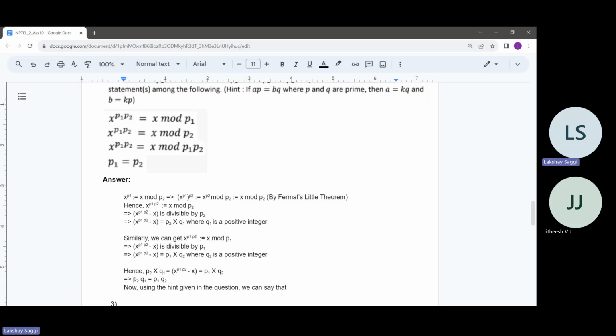Here P1 and P2 were prime. So when this side is divisible by P2, this side should also be divisible by P2.